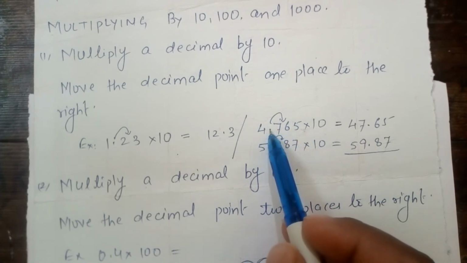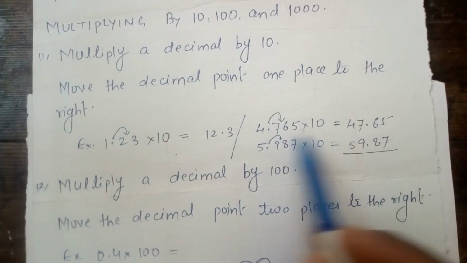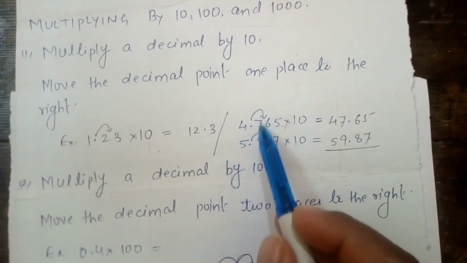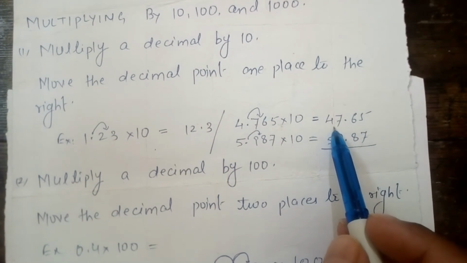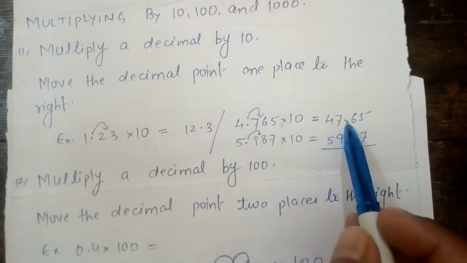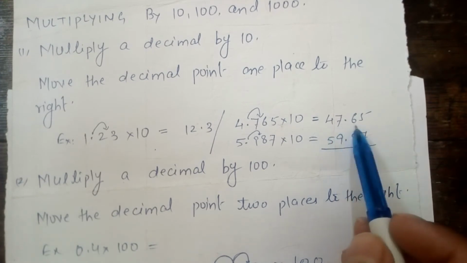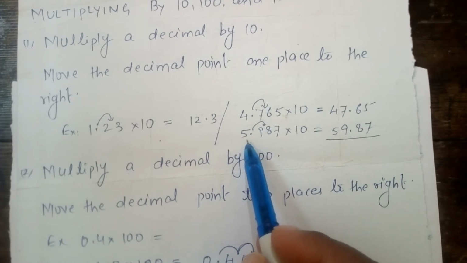As you can see, in the first condition the decimal point is before 7. After multiplying, the decimal point will move one place to the right, after 7. So your answer will be 47.65.